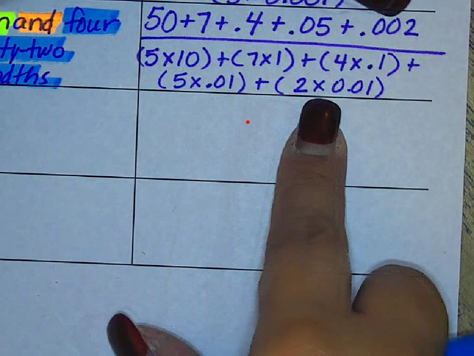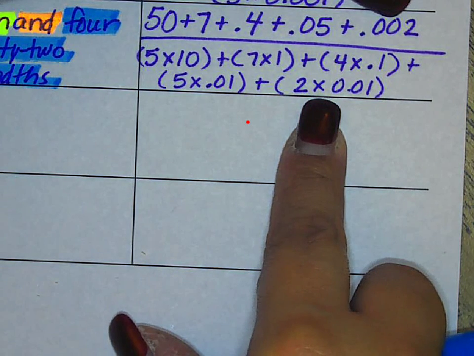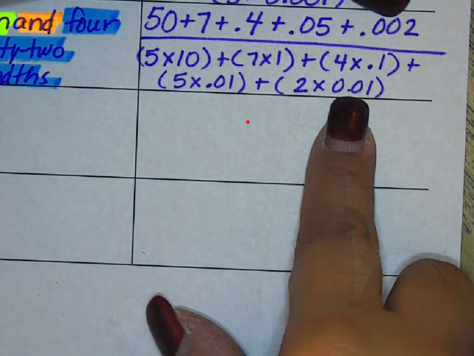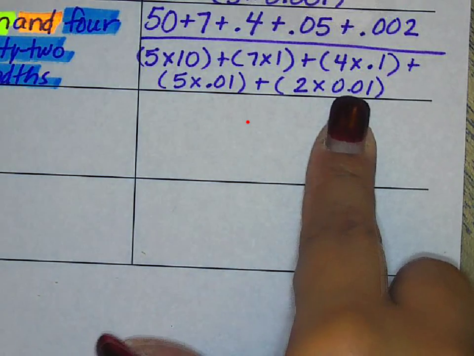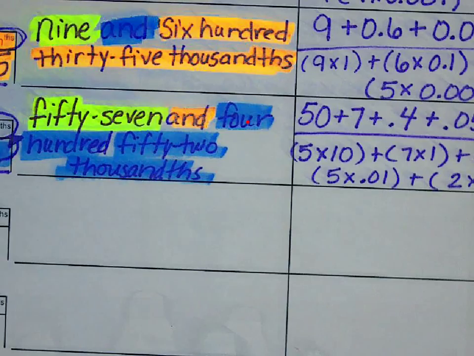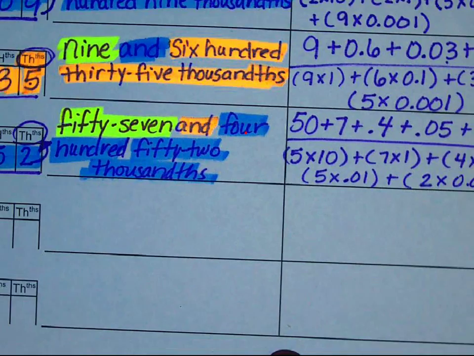And I have 2 thousandths, 2 times 1 thousandth. Is there anybody who has any questions on how this should be done?